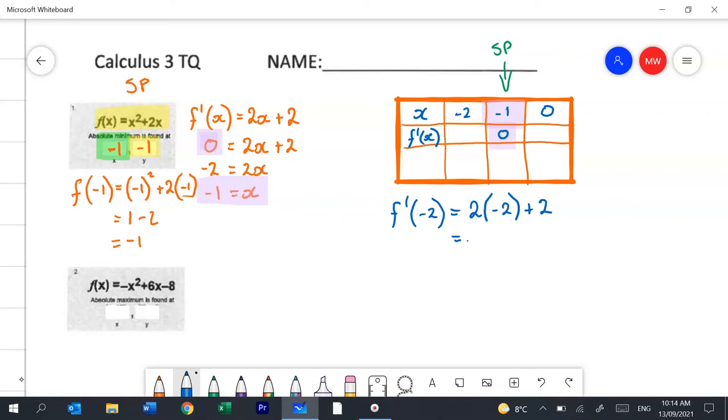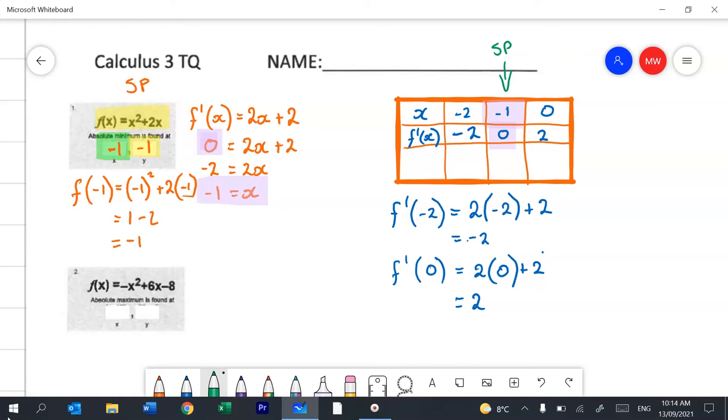So that will be minus 4 plus 2 makes minus 2. We'll fill that in. And then I'm going to test f dash when x is 0, as this will be 2 times nothing plus 2. 2 times nothing is nothing, plus 2 is 2, so this will be a positive 2.